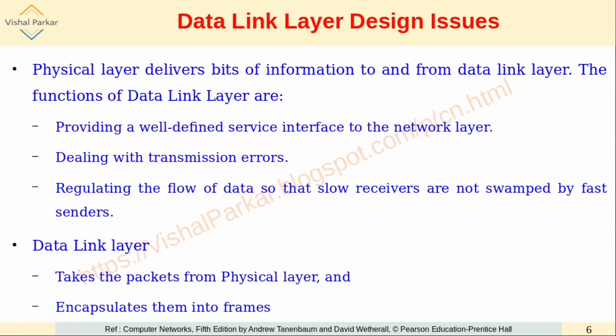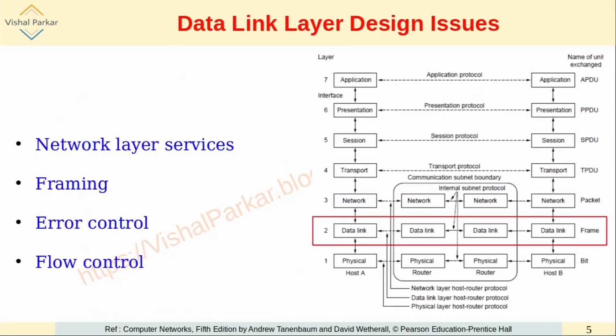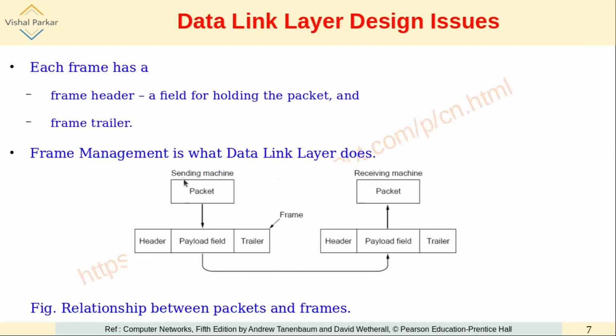Now, for this, the data link layer takes the packets from the network layer, as we have just seen previously, and these packets are converted into frames. That is what is called encapsulation of the packets into frames. We'll see actually how it is done.